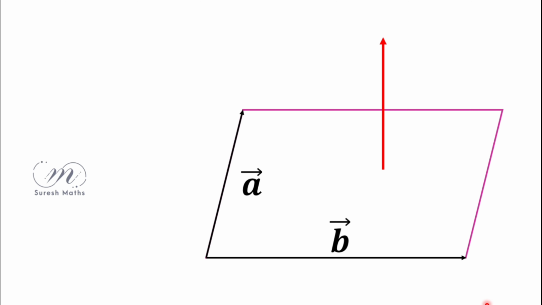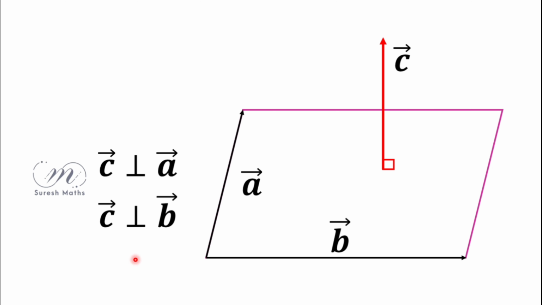Now the third vector, that is C vector, is perpendicular to the parallelogram, as well as to A vector and B vector. That means the plane which contains A vector and B vector. By data, C vector is perpendicular to A vector and C vector is perpendicular to B vector. So this data is given in the question.